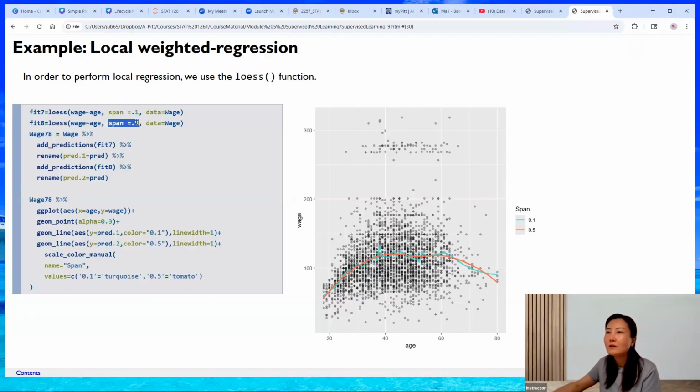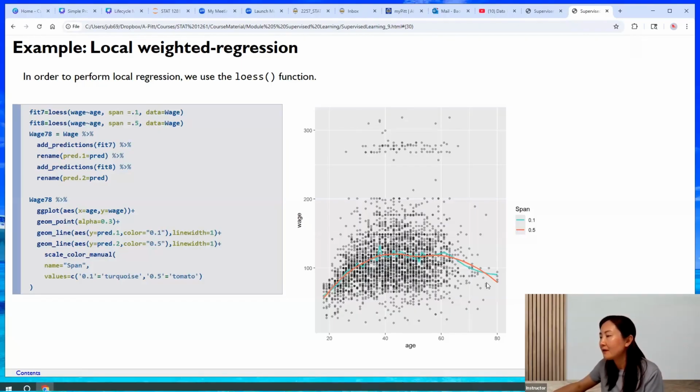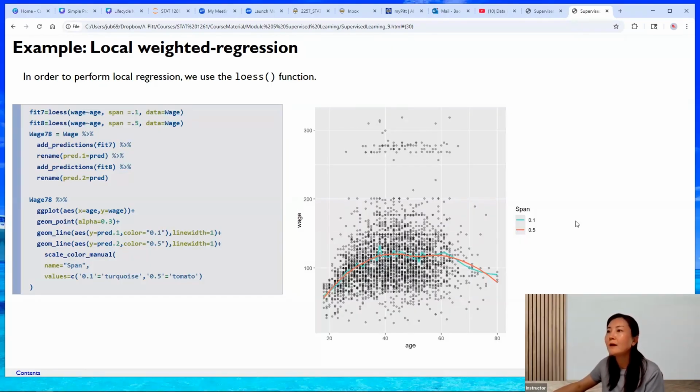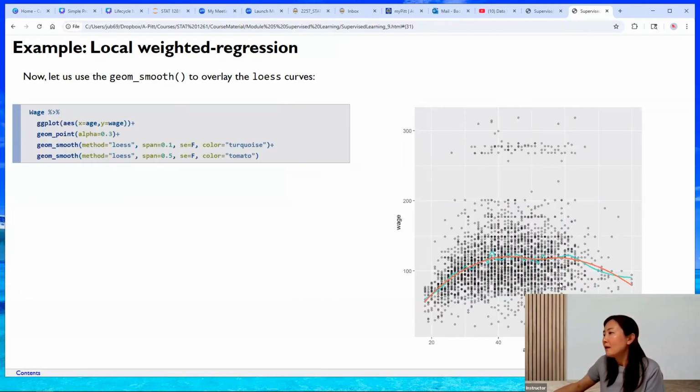For the second one, span is equal to 0.5, so it will use 50% of observations to fit the model for each observation. You see a big difference. If span is 0.1, the curve is very, very wiggly. But for span equals 0.5, it's much smoother.